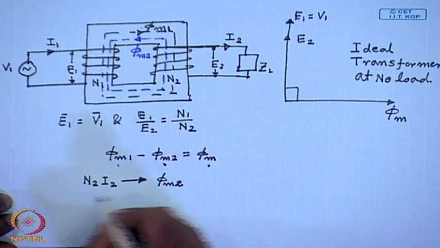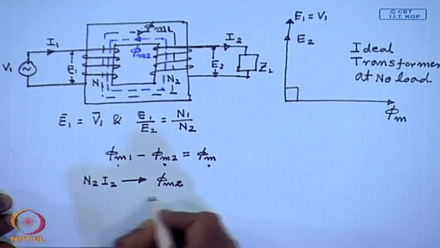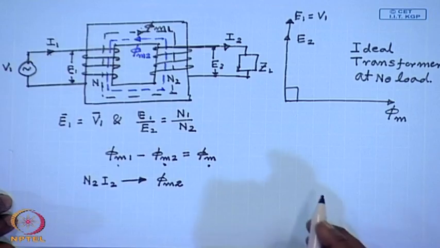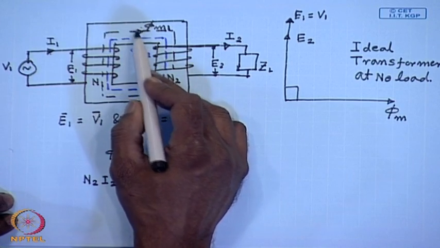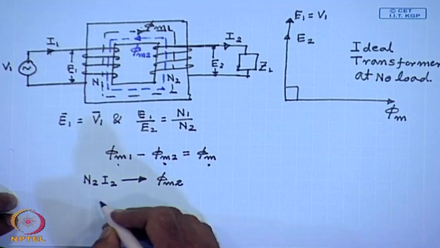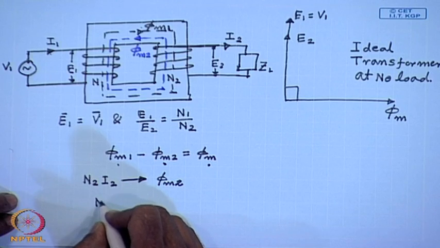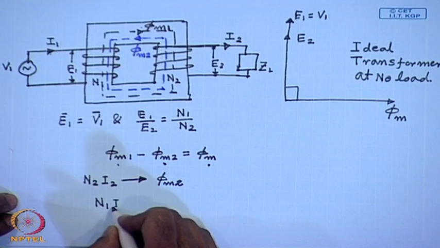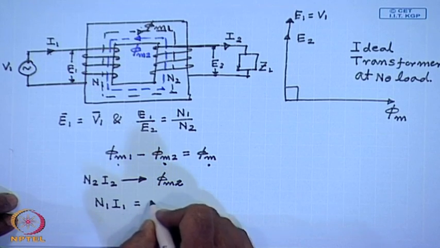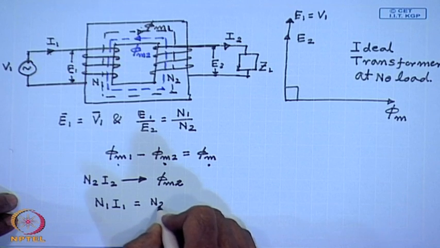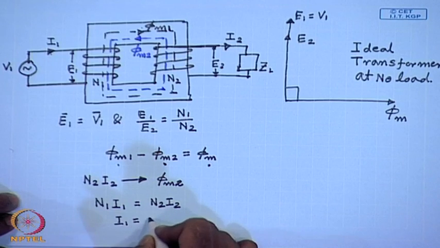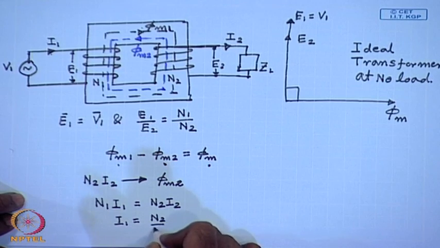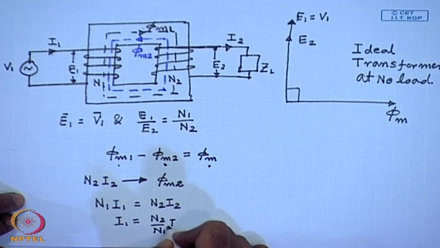So, the current drawn from the source must produce a cancelling ampere turns N1 I1, so that the flux produced in the core remains constant at phi m. Therefore, we can say N1 I1 should be equal to N2 I2, or I1 equal to N2 by N1 I2.